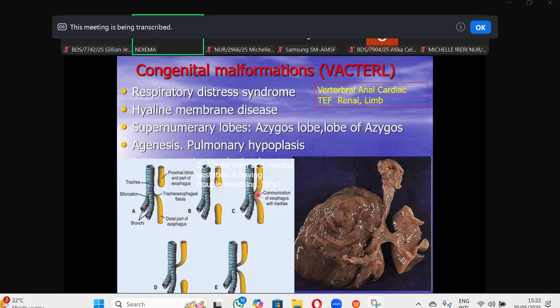So if any food is taken here, it will enter into the trachea or the bronchi, and therefore there'll be choking. With this H shape, the food also will be taken into the trachea, so there'll be choking. These are variants of tracheoesophageal fistula because of failure of the tracheoesophageal septum to develop.